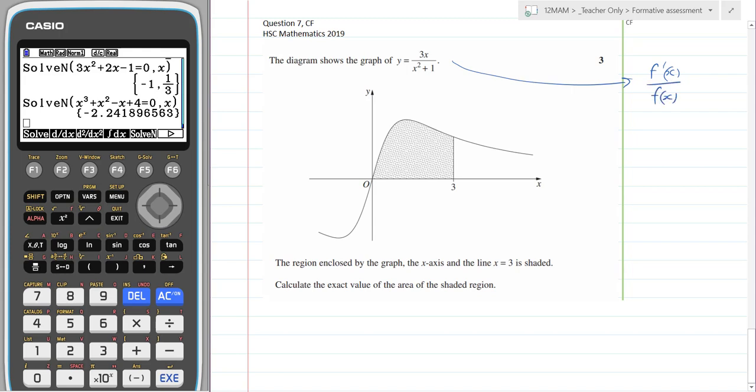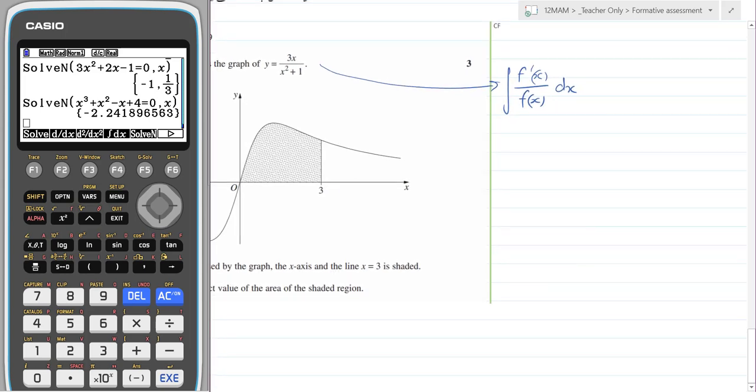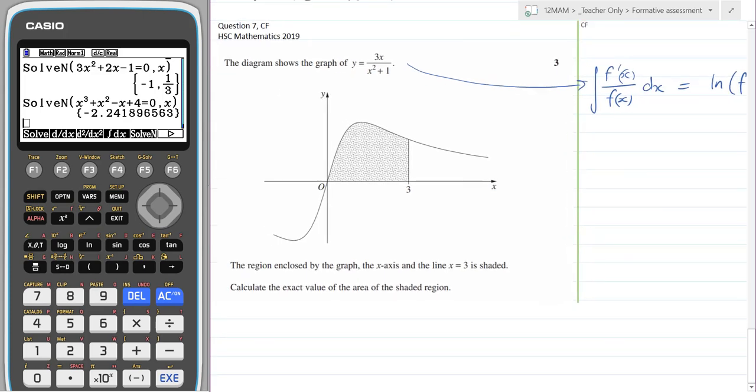And when we integrate f dash of x over f of x with respect to x, we get the natural log of f of x plus c. So I suspect that if we integrate 3x over x squared plus 1, we get the log of x squared plus 1. Although if I derive x squared plus 1, I don't get 3x. So the top shouldn't be 3x. That's where my problem is.